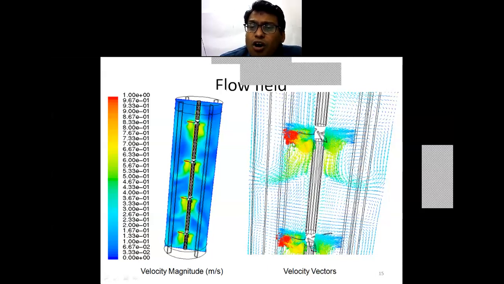Again, in all these generated velocity vectors, you can see different small loops. How the fluid moves in these small loops is all defined with the help of mathematics. When you talk mathematics, it's computational fluid dynamics. That means Bernoulli's equation, the basic heat transfer equation, the basic mass transfer equation, and the continuity equation.